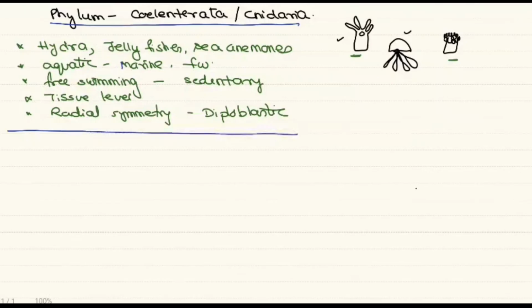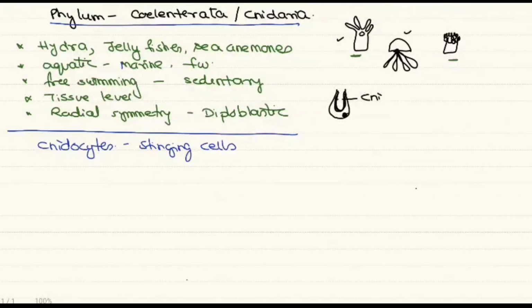The name Cnidaria has come from the cells cnidocytes. So these are called the stinging cells. So this phylum has the specialized cells. So this is the cell which has a cavity, and this cavity is called nida, and in this cavity there is a thread, and this thread generally is looped inside, and whenever the animal wants to attack, the thread is thrown outside, right?